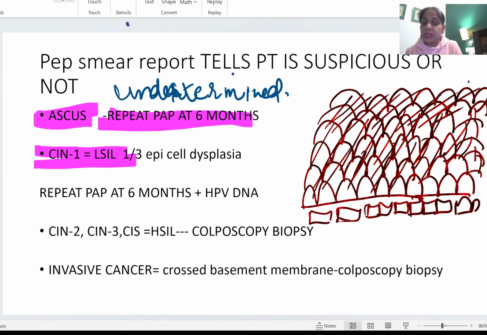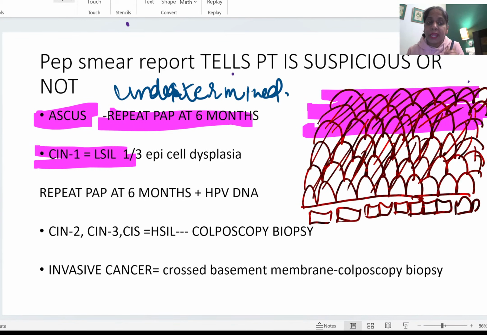They are one and the same thing. If one third of the epithelium which the pathologist is seeing under the microscope is having dysplasia, then we will say it is CIN1.